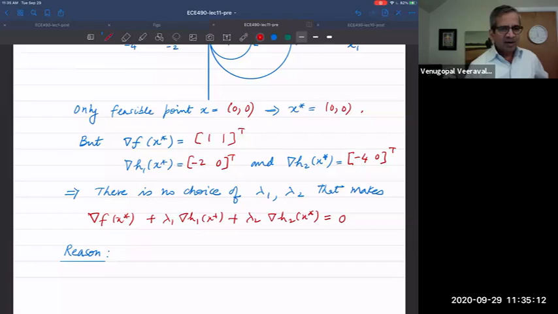If you look at the span of these two vectors, it's a one-dimensional space, right? That's because the gradient of h1 and the gradient of h2 at x star are linearly dependent. They're not independent. And that's why we have this problem.